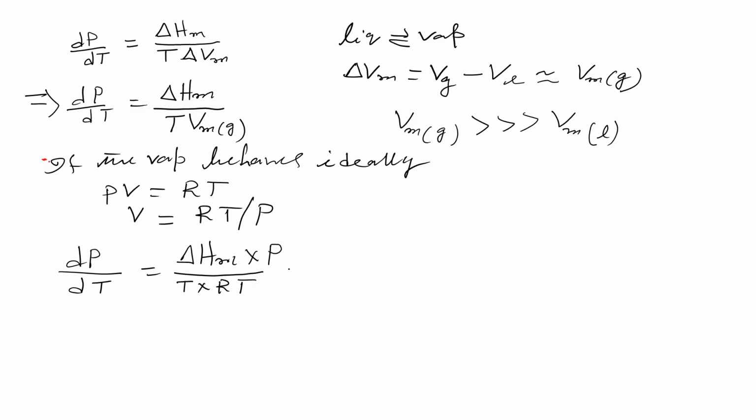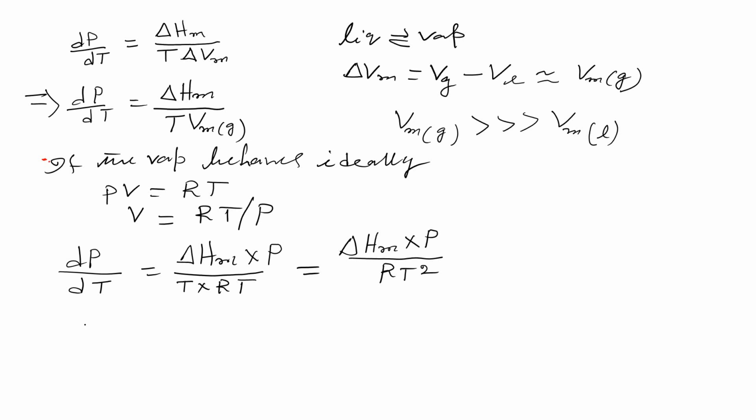I can write like this. So this one I can write as delta Hm, the molar enthalpy of vaporization here, into P divided by RT square.